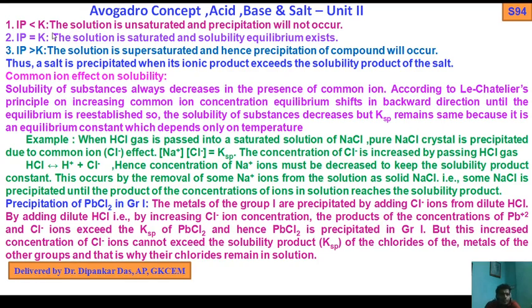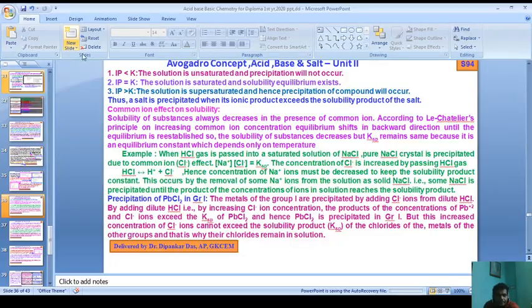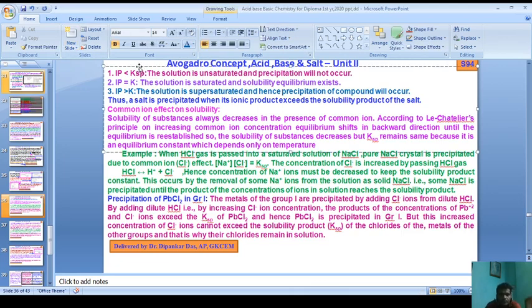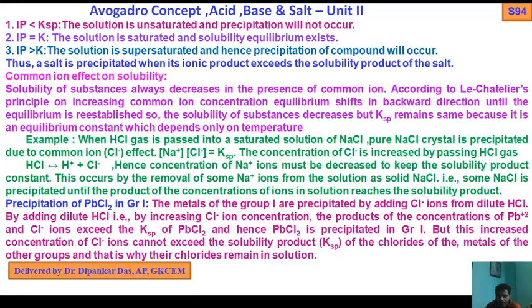Next. If IP is less than K, where K means Ksp, the solution is unsaturated and precipitation will not occur. If IP equals Ksp, the solution is saturated and solubility equilibrium exists.